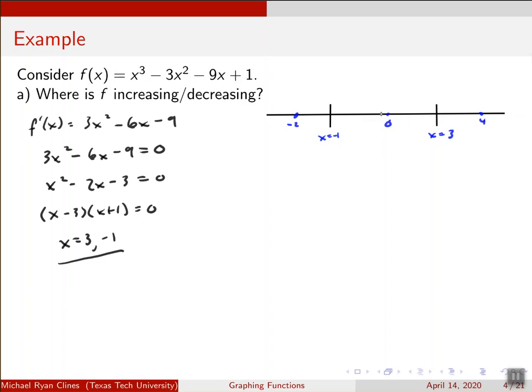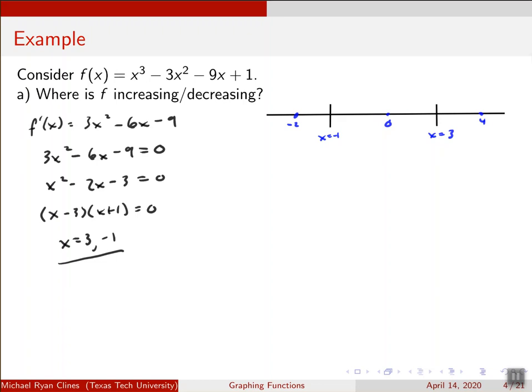Because suppose right here that f prime of 0 is negative. That means at this point, the derivative is negative. And since the derivative is negative at this point, it must be negative for every single point on this interval. Because if it's not negative, then it must be positive.